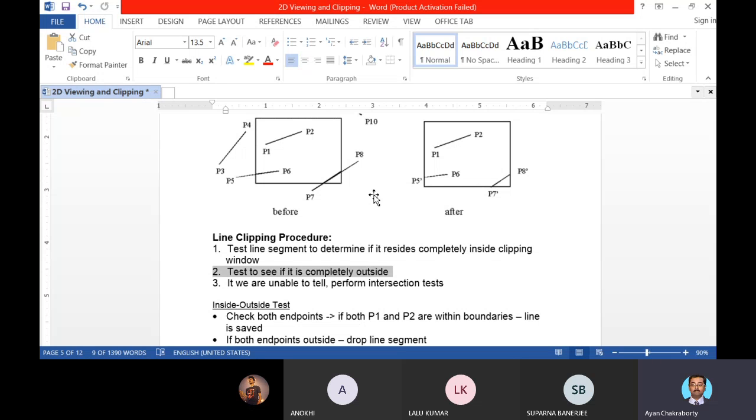So the endpoints which are not, listen very carefully, the endpoints which are not completely inside the clipping region, which are not completely inside the clipping window, for these straight lines we have to check if there are any intersection points of that straight line with any of the four sides of the clipping window.